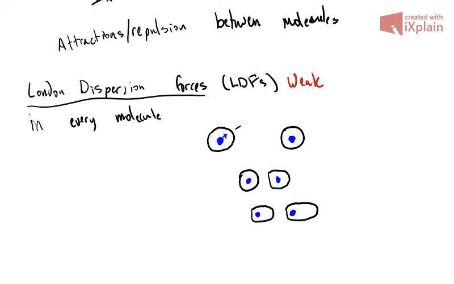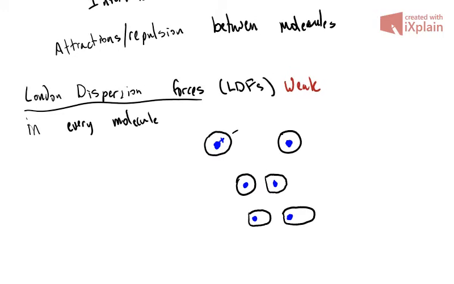The negative charge is attracted to the nucleus of the other atom, now that it's temporarily exposed, and the negative charge forced away over here is called an induced dipole.